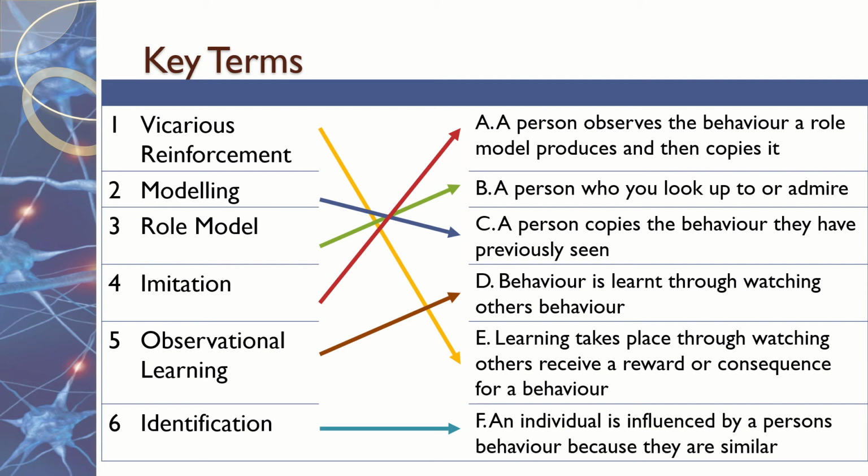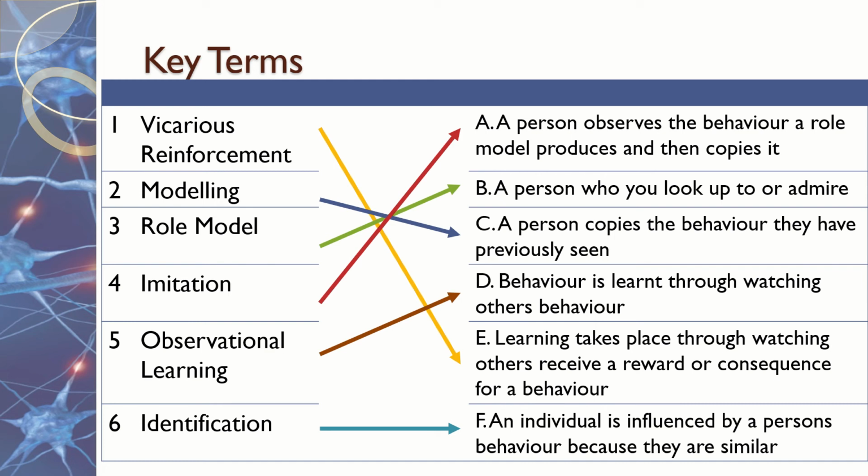And people modelling a behaviour, someone will model a behaviour, so show us how to walk, for example, and then the other person can copy that behaviour, so they are modelling what they have seen from the first person. A role model, as we say, is someone who you look up to or admire, and can be a friend, family member, someone on TV. Imitation is the idea that we observe a behaviour that a role model produces, and then we copy it, so we imitate or copy a behaviour.